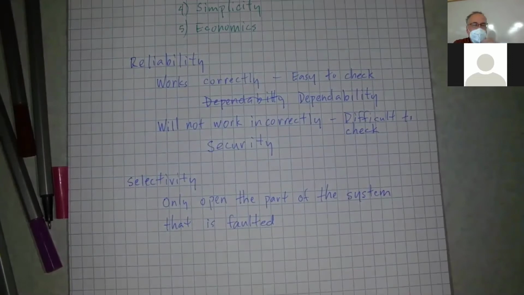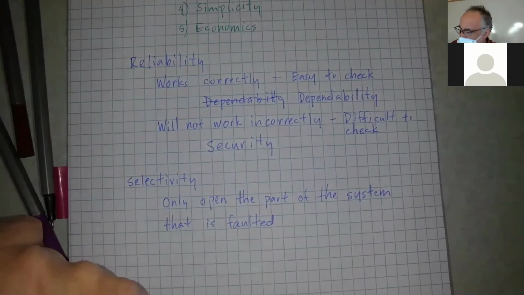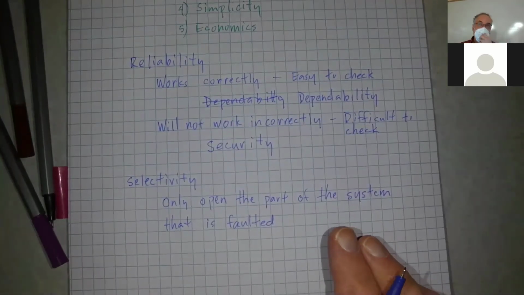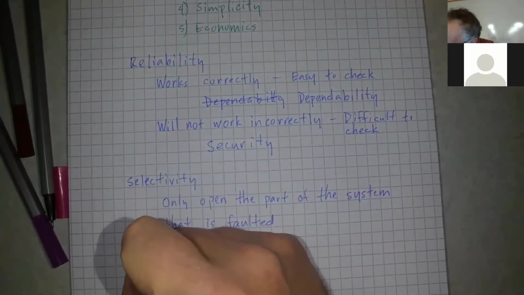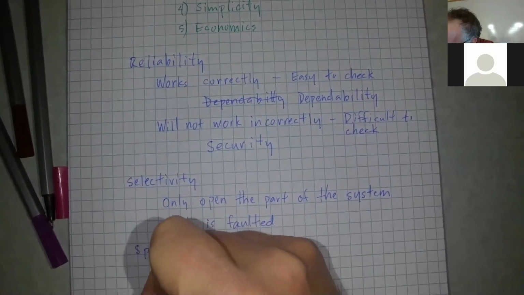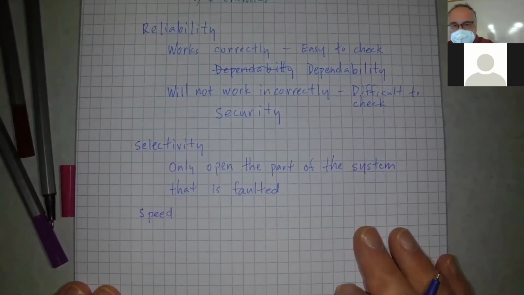Selectivity is you're only going to open that part of the system where the fault is, okay? You don't want the entire town of Ishpeming to go black if there's just one transformer on a street that's shorted, right? That would not be a good idea. So everyone understands selectivity. Okay. Speed. There we go. Speed.